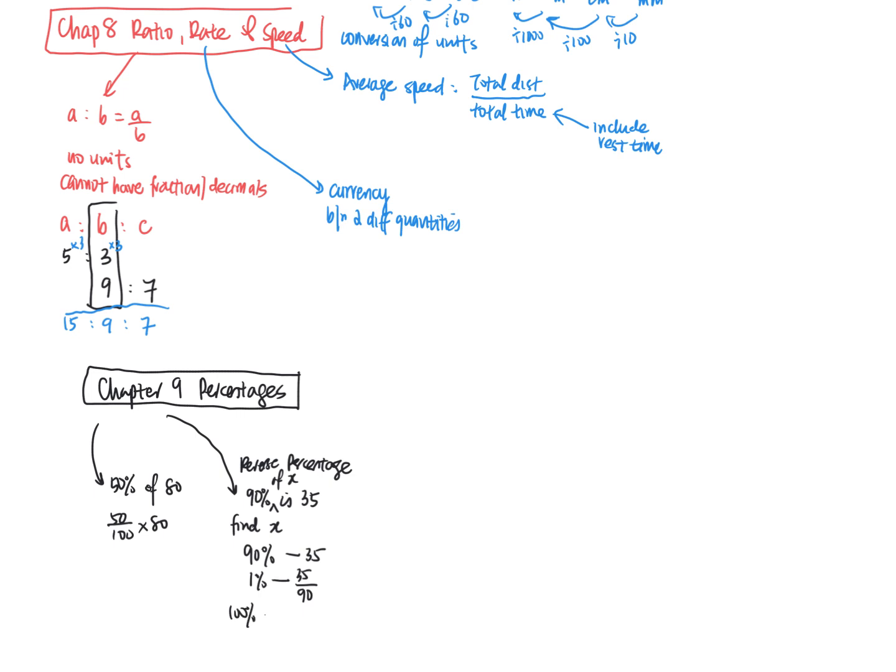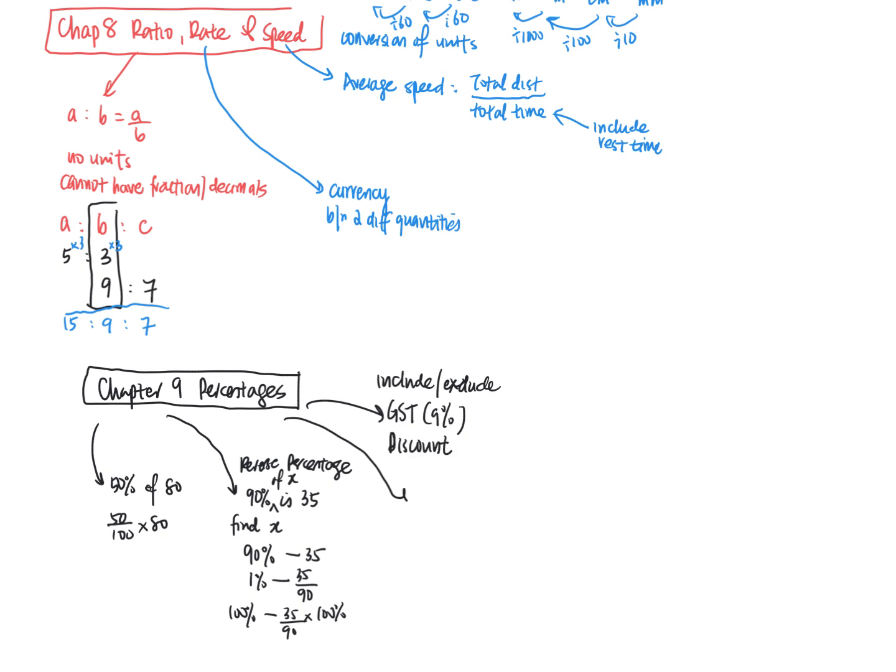So this is reverse percentage. You must also know how to do that. Then of course there are things like GST. Include or exclude. So now the GST is 9%. Okay, so there's also percentages that they can use. There's also discount that they can test you.